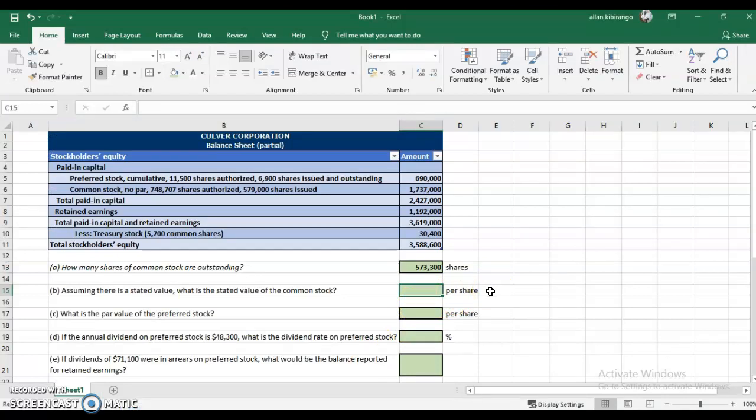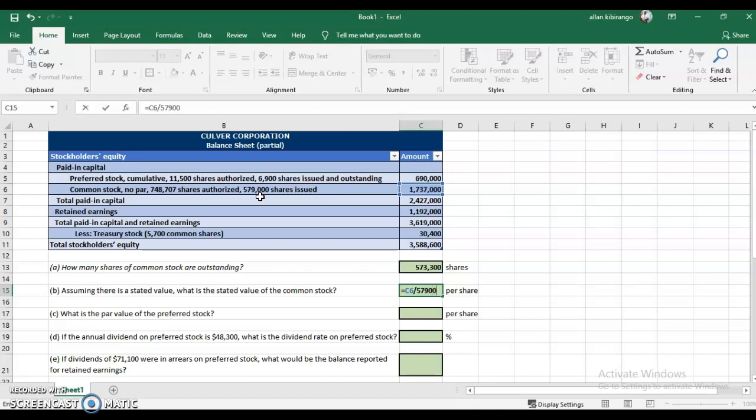I got the common stock, which is 1,737,000, and I divided it with the number of common shares issued, the one I used in this calculation, which is 579,000.